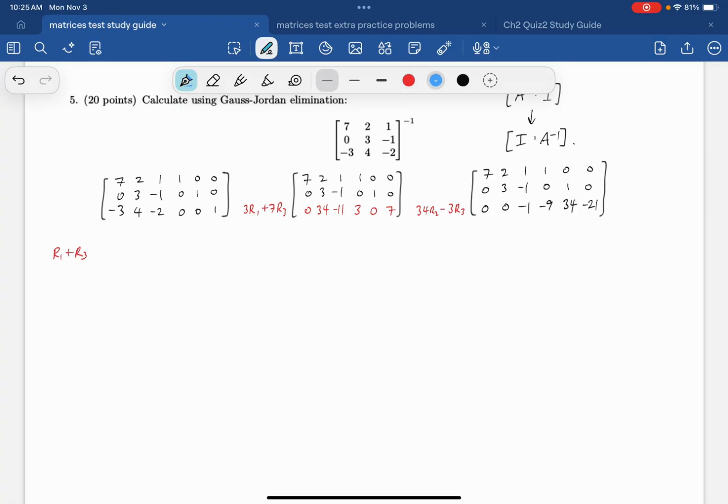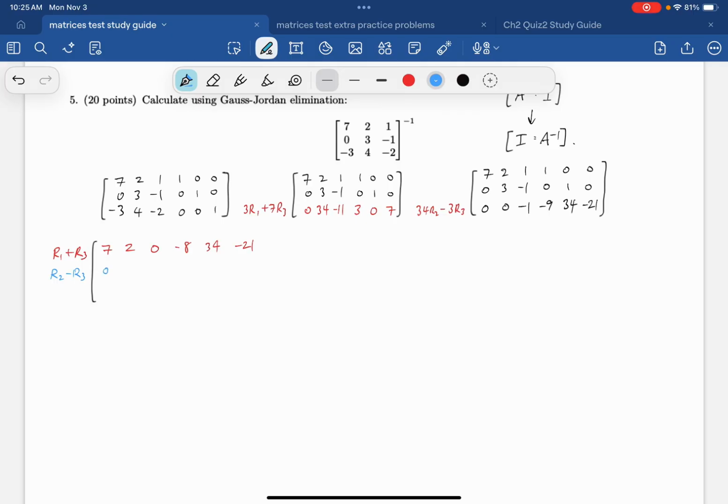And the second one, I'm going to do R2 minus R3. So the first row will become 7, 2, 0, 1 minus 1. 1 plus negative 9, negative 8. 34, negative 21. Second row will become R2 minus R3.